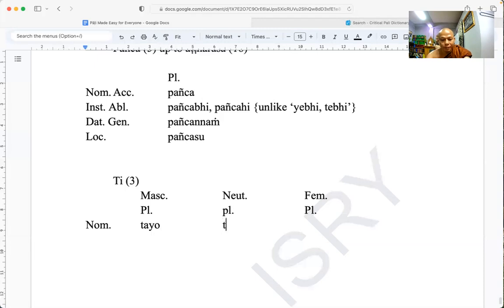And then for the neuter, dini. And then deso for the feminine. Okay, for the feminine. So to remember that one, how they are different.